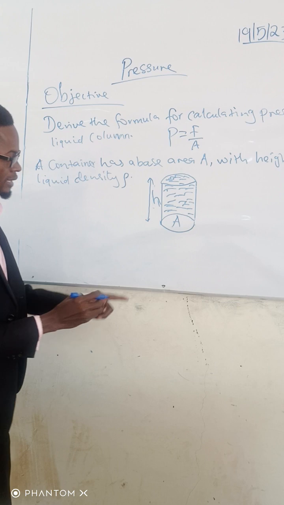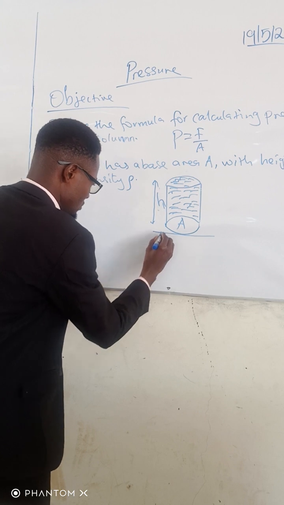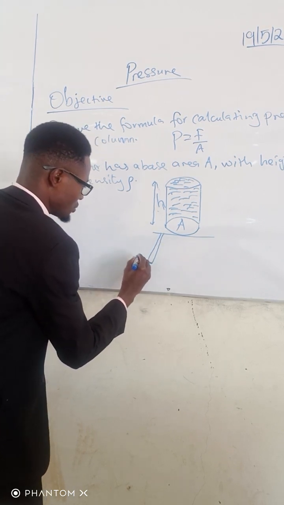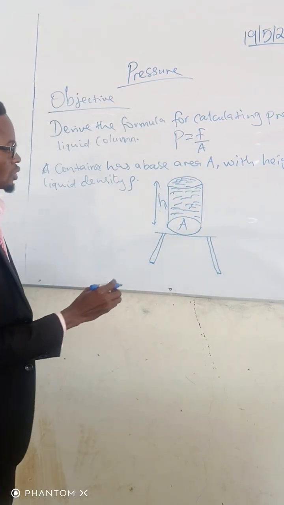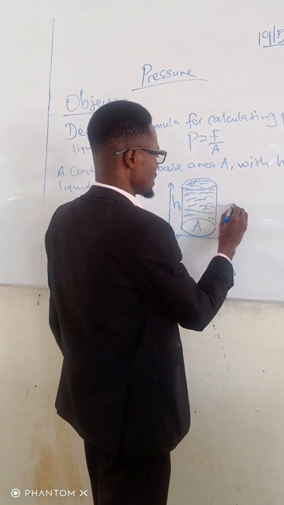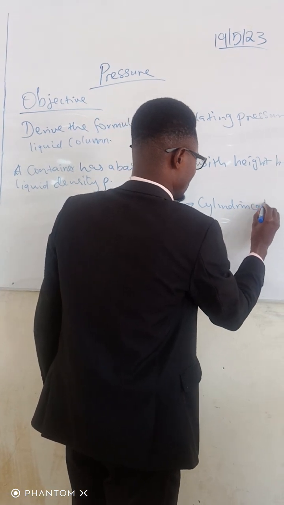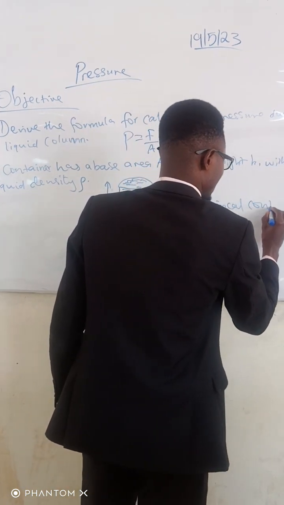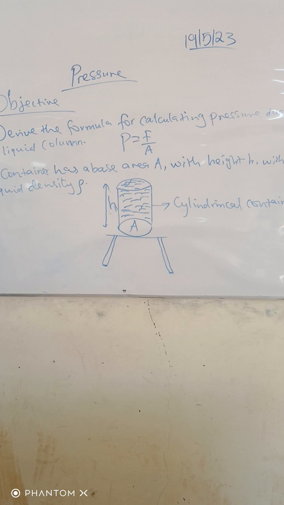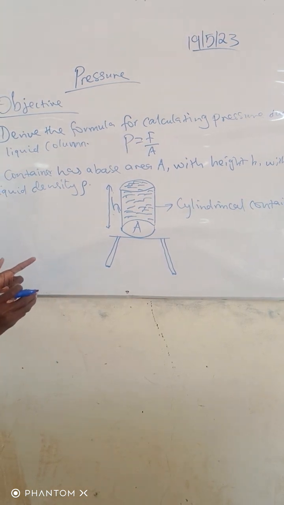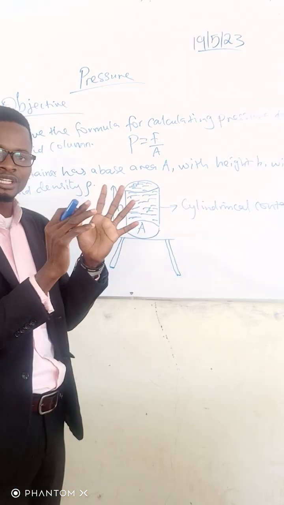Of course, this container is being placed on a table. This is our table. So this is a cylindrical container, but we know that there are so many things acting on this container, that includes the atmospheric pressure.